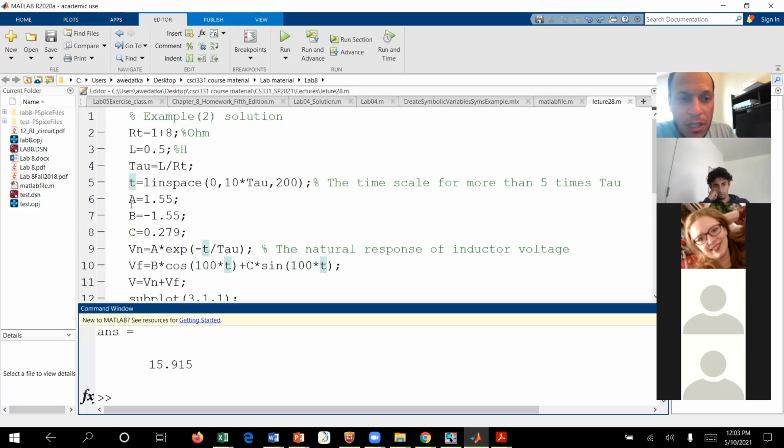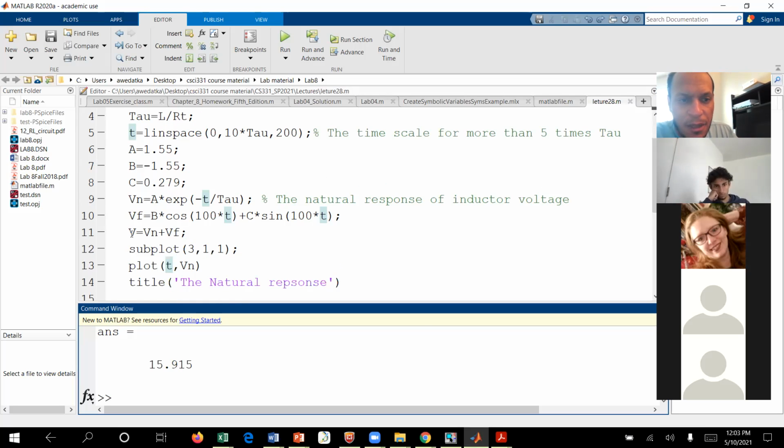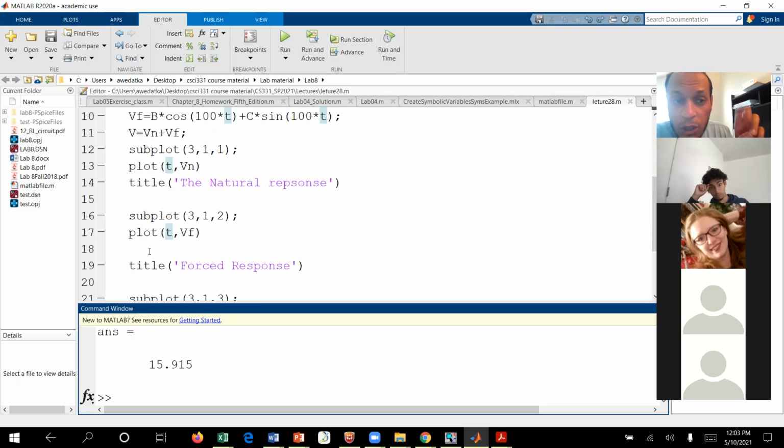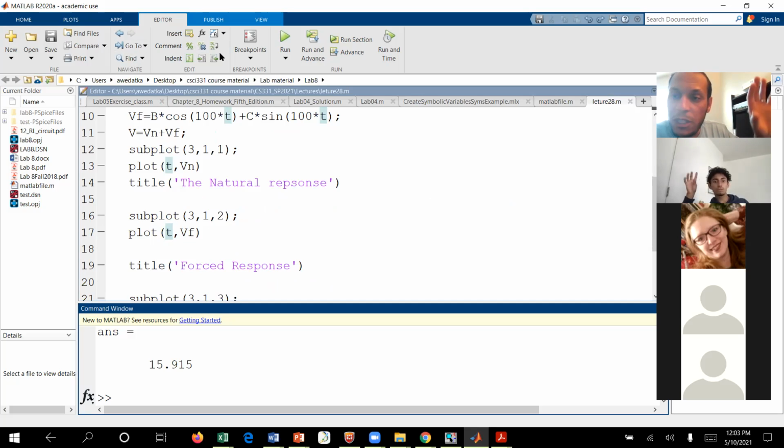And here is my constants A and B and C. My natural response would be basically A exponential of t divided by tau. My forced response, B with the cosine 100t, and C with sine 100t. My complete response, natural plus forced, and then I want to plot all of them in the same curve to see what happened with the natural, with the forced, and with the total.